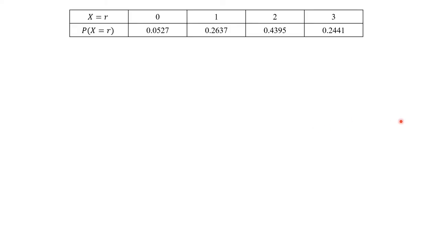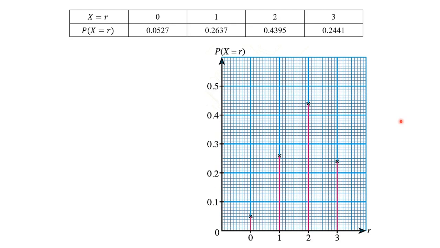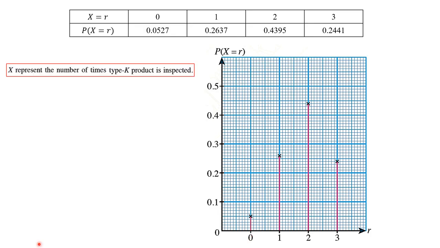Based on the table, we can draw a graph as shown. This is a graph like a bar chart. The graph drawn is with separate lines, so we have 4 separate lines here. We need not connect the points because X is a discrete random variable. There is no relation amongst the points.